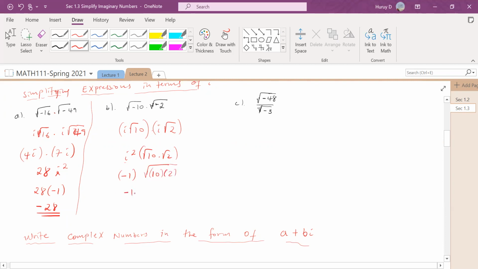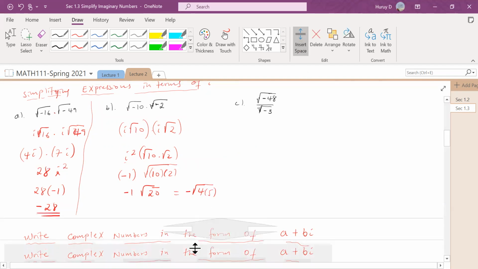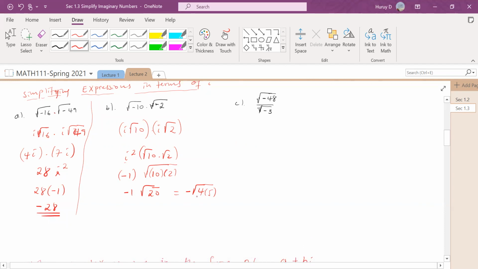This is -1 times the square root of 20, and 20 is 4 times 5. I'm still simplifying because 4 is a perfect square. So this will be -2 square root of 5.